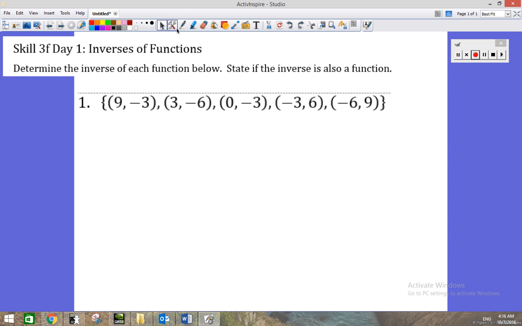Now, the inverse of a function switches the domain and range. So when you have a list like this, it's just as simple as switching the x and y coordinate.